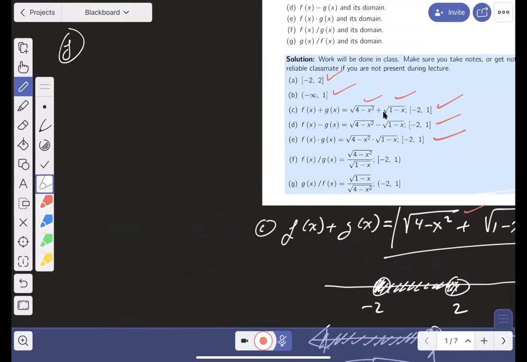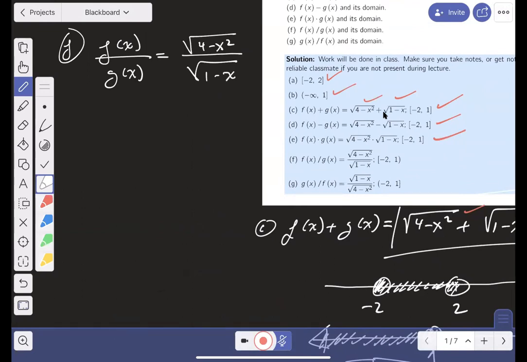And what's F? F is f of x over g of x. All right, what's f of x? F of x is the square root of 4 minus x squared. And g of x is going to be the square root of 1 minus x. What's the domain going to be? It's still going to be the intersection of the sets, but we need to remove a value from it.